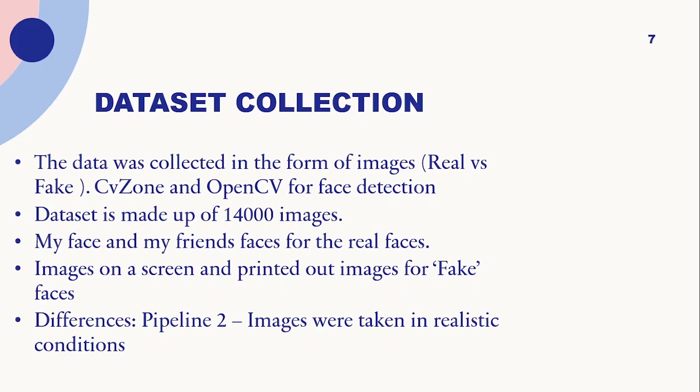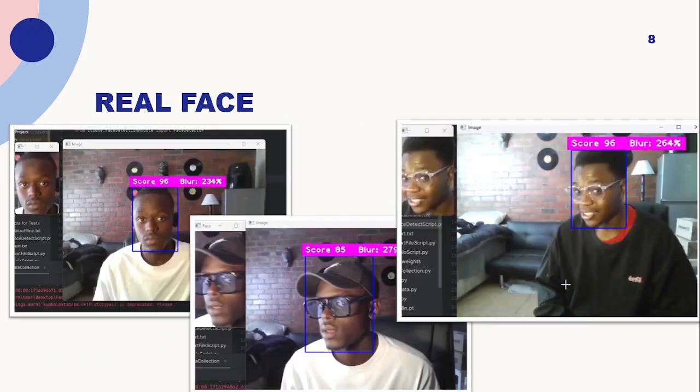The dataset is about 14,000 images, and the difference between the two pipelines was the way that the dataset was taken. The first dataset was taken in an optimal way, with optimal lighting and background, and pipeline 2 has more realistic conditions.